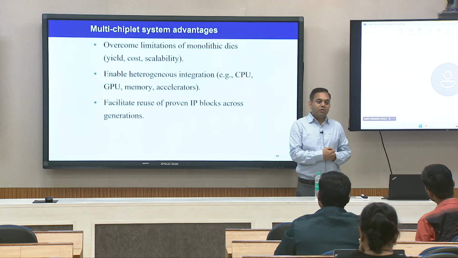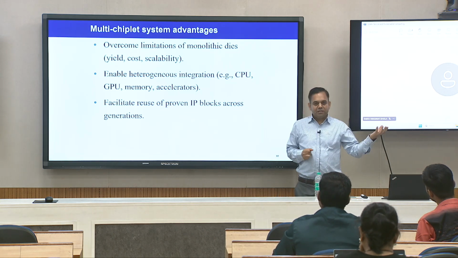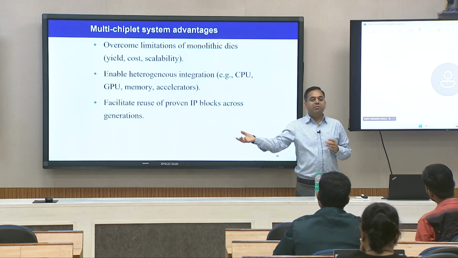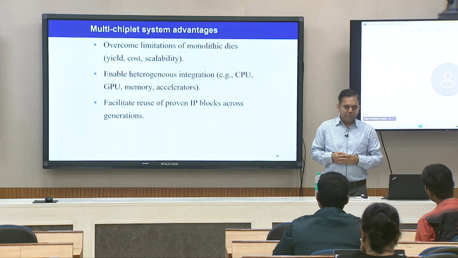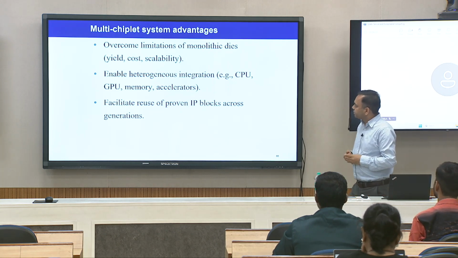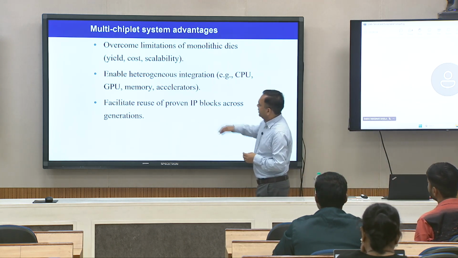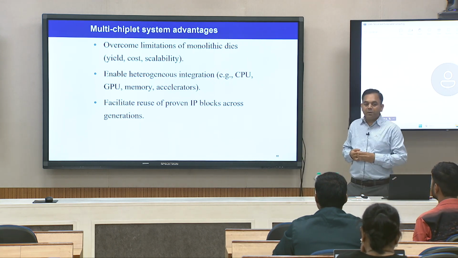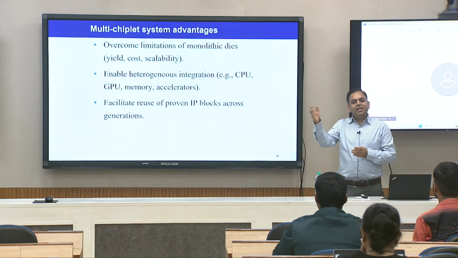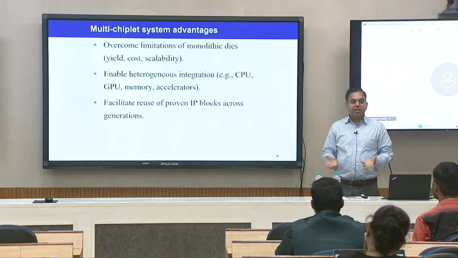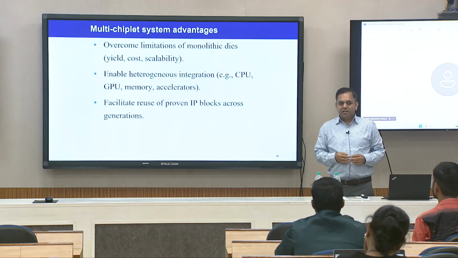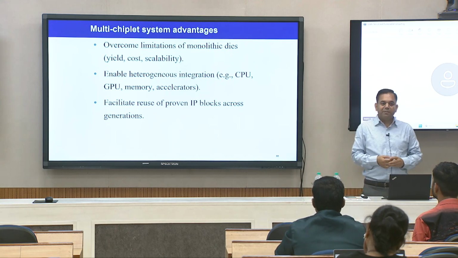But this will allow maybe the CPU to be on a 65 nanometer technology and the GPU on a 30 nanometer technology. So those kinds of integrations are possible. And it also facilitates reuse of proven IP blocks. So you don't need to keep developing something new. Whatever exists, if it's already very good, you can just integrate it into the multi-chiplet system.